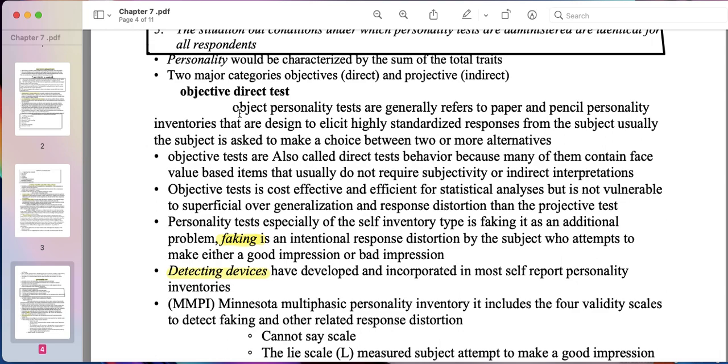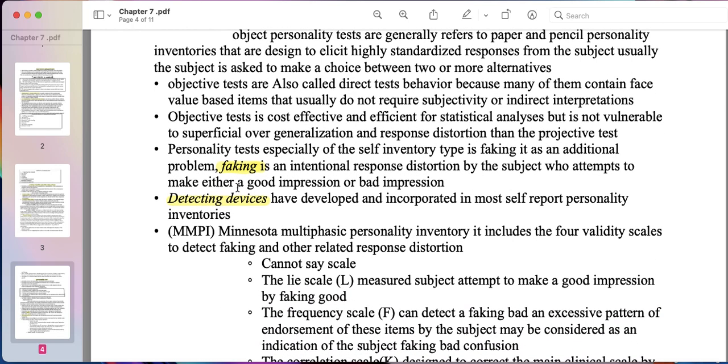It was defined as paper and pencil personality inventories that are designed to elicit highly standardized responses from the subject. Usually, the subject is asked to make a choice between two or more alternatives. And then we talked about how objective tests are also called direct test behaviors because many of them contain face value based items that usually don't require subjectivity or indirect interpretation.